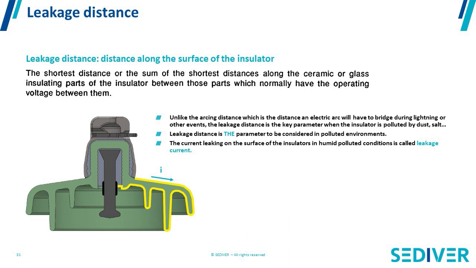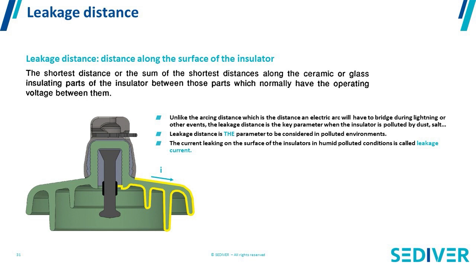So here you have a few more definitions. On an insulator, we define what is called leakage distance. The leakage distance is the distance that the electric current that is leaking in this wet surface is going to have to cover in order to go on the other side of my insulator string.